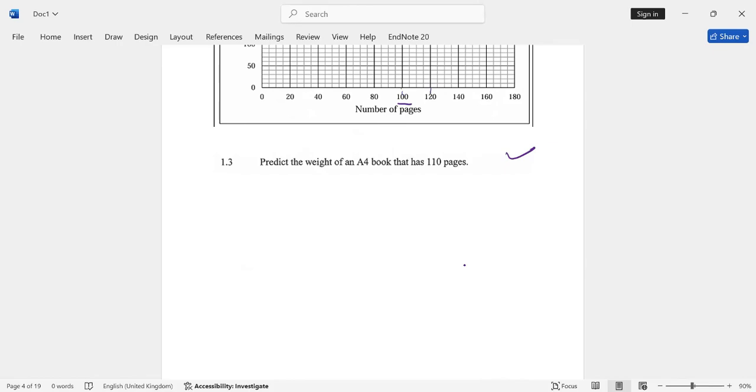This is a prediction or estimation, so we substitute the value of x into the equation: y equals minus 43.72 plus 236x.